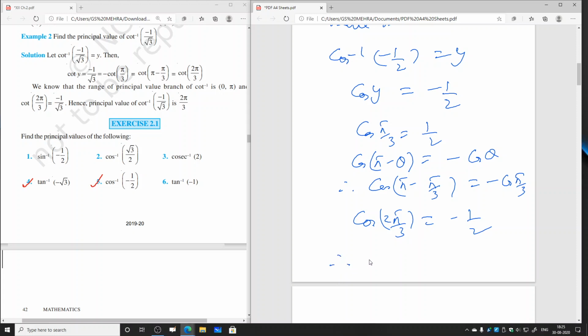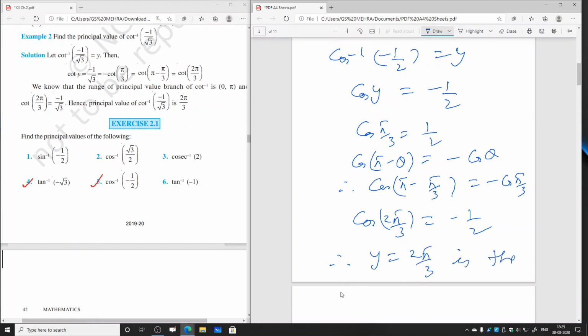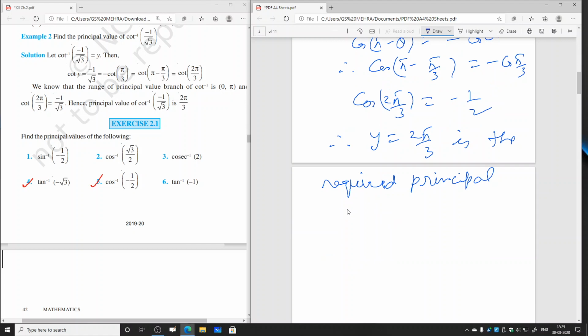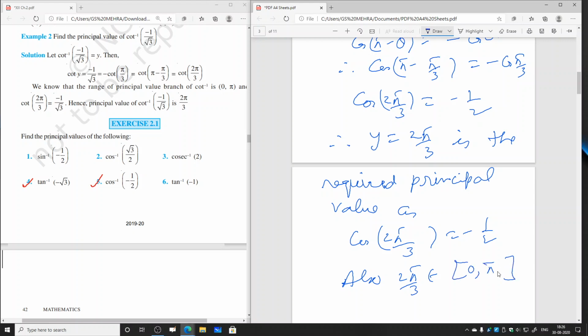Therefore, y equal to 2 pi by 3 is the required principal value, because cos 2 pi by 3 equal to minus half, and also 2 pi by 3 belongs to the closed interval 0 to pi. So, we can say that this is the principal value.